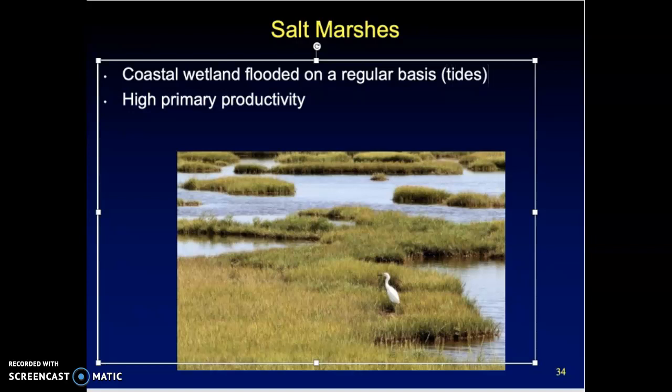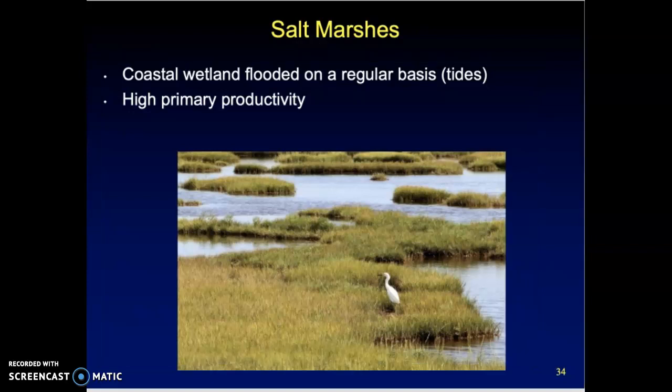High tides, storms bring in the salt water, things like that. They're close to the shore and they're constantly getting deluged with salt water. There's a lot of productivity here as well. That's a big thing. Productivity is fantastic. And again, you get this mixture of terrestrial and aquatic species in this particular biome here.